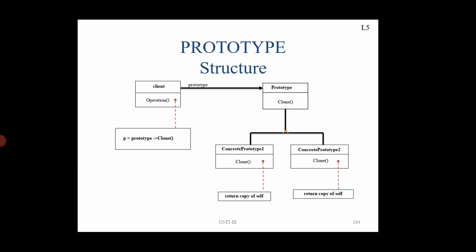Let us see the prototype structure. The client is a class that performs operations. The prototype has a clone function, where p equals prototype clone, just copying the prototype. In the motivation, we take a graphic class.